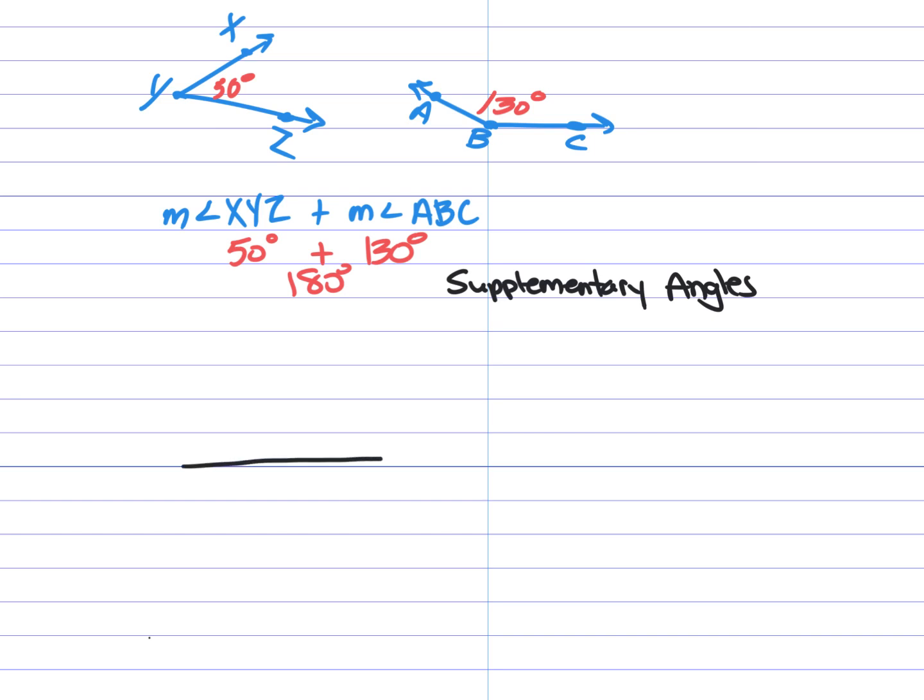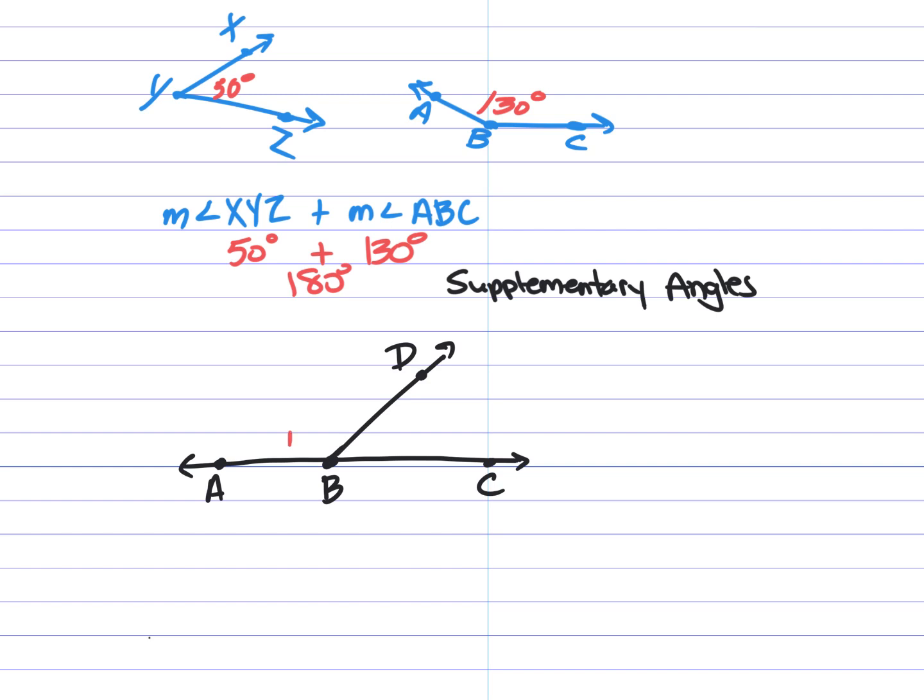That's a straight line. It's about as good as I can do in this moment. And then we have our ray. So we'll call this A, B, C, and this will be ray BD.